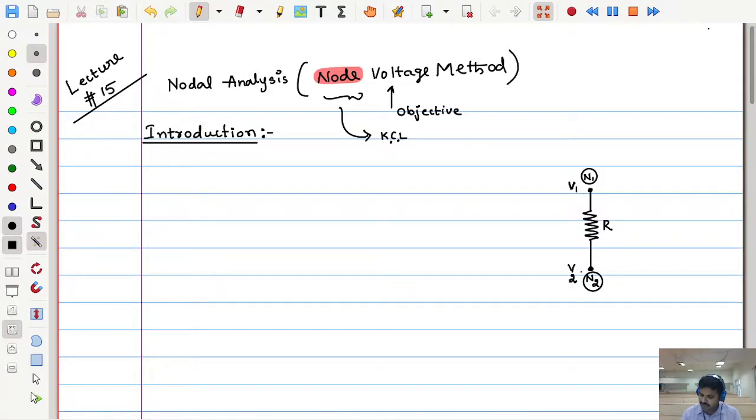So what does it mean? Let us say here is some ground level.